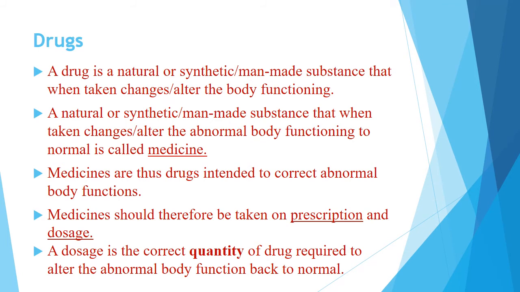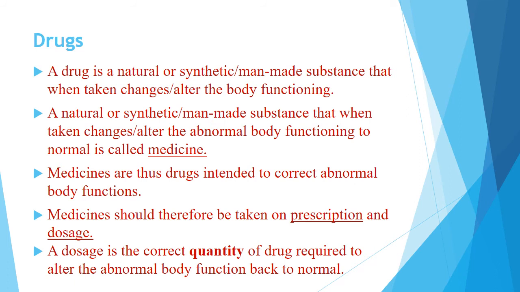So after learning about conductors and non-conductors, we are going to learn about drugs. Remember in class 7, you learned that a drug is natural or synthetic. When we say synthetic, we mean it is a man-made or artificial substance that when taken alters the normal functioning of the body. So here we have keywords.